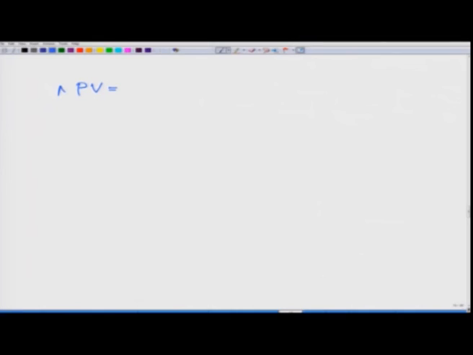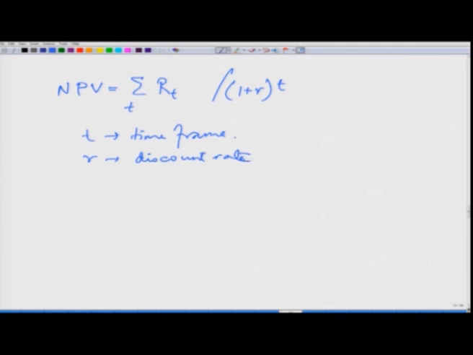And when we write down the present value formula, how do we write it? We write in terms of PV or net present value equals summation of R_t over (1 plus r) to the power t. t is the time frame, r is the discount rate, and R_t can be the net cash flow or the net benefit here.